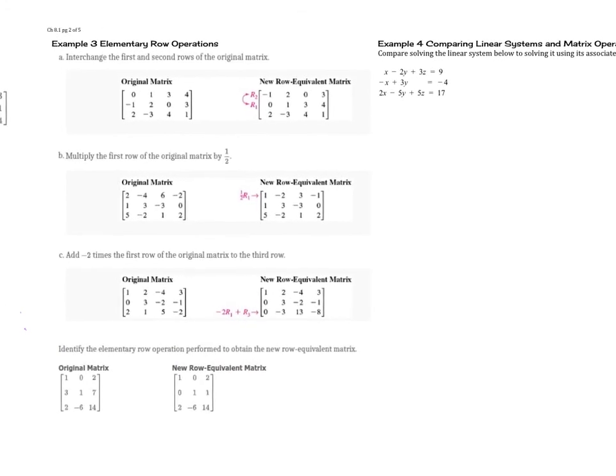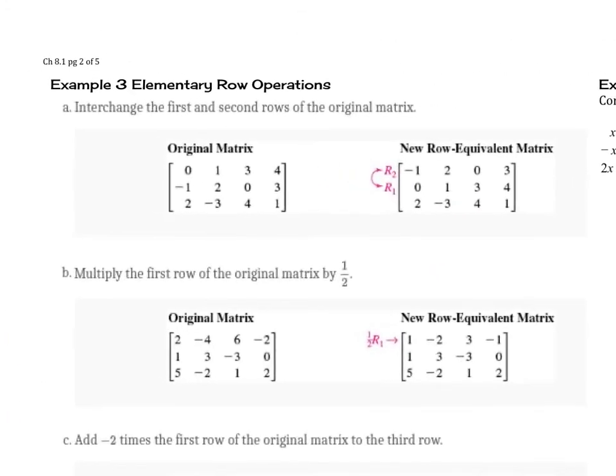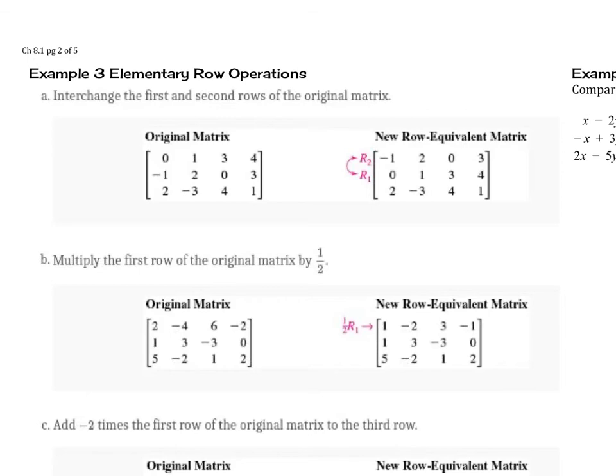So here are elementary row operations. Just notice what's happening here. Interchange the first and second rows of the original matrix. So here's the original, and then you notate it on the new one. Whenever you change it, this is where you put it over here. What happened from here to here is that this is now row 2 and that is now row 1. We're going to multiply the first row of the original matrix by a half.